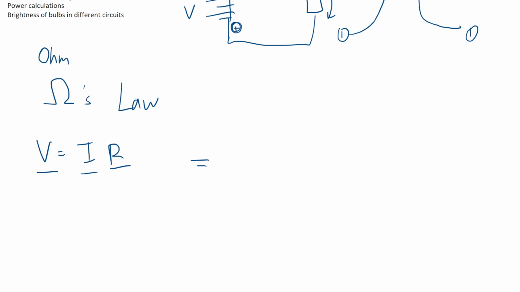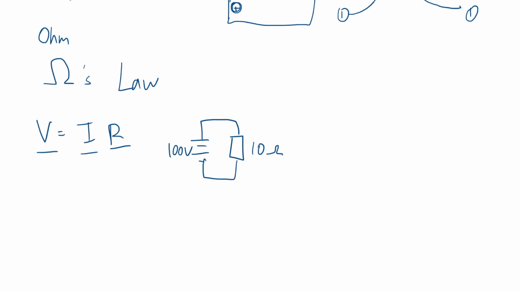For example, we have the most basic of circuits, let's say 10 ohms, 100 volts. If we know the resistance and we know the voltage, in this case the voltage across the resistor would actually also be 100 volts, right? Because these are connected in parallel effectively.